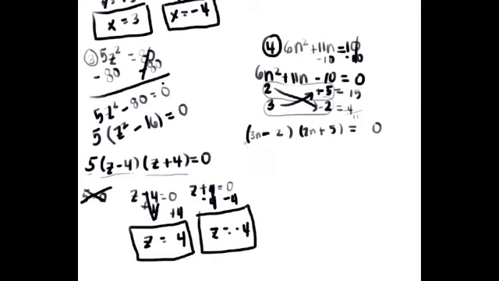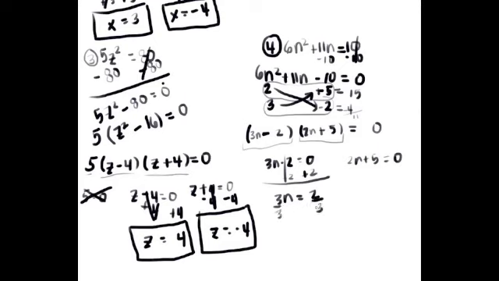To solve, we set each of these parentheses equal to 0. So first thing for this one is add 2. Divide by 3. So there's a factor, 2 over 3.